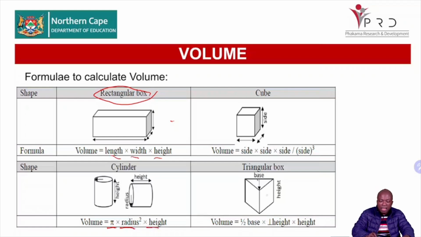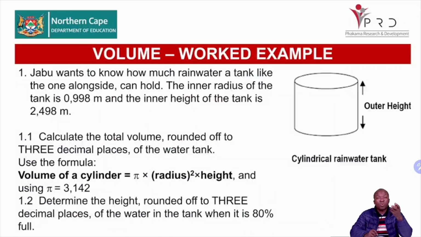If the shape is a triangular prism, it is almost like half of a rectangular prism cut from the top to the bottom, and you get a triangle. The formula will be half times base times perpendicular height times the height. I don't want you to just cram these things, because in the examination the examiner will give them to you. Ours is to know how to use them.